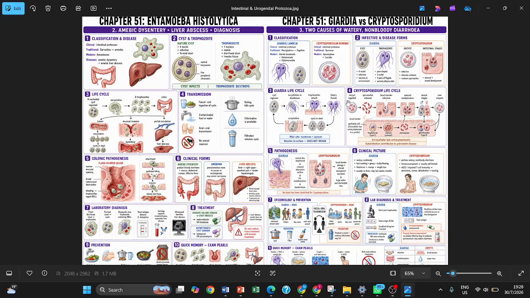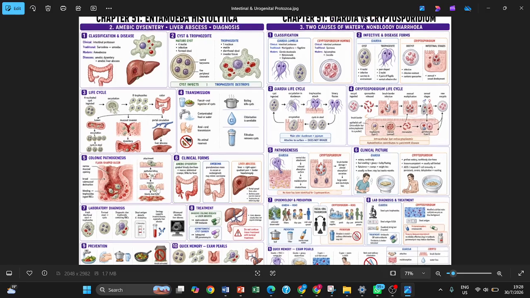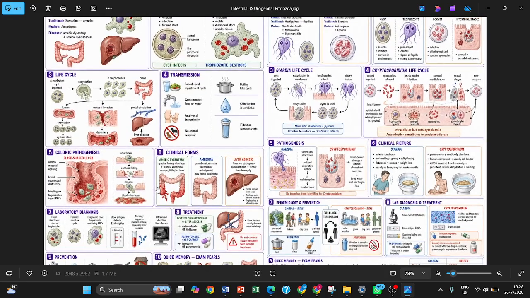Because the life cycle is intertwined with the pathogenesis, we're now going to touch on the pathogenesis of the protozoa. Entamoeba histolytica attaches, and its enzymes degrade the epithelial lining and invade the mucosa.